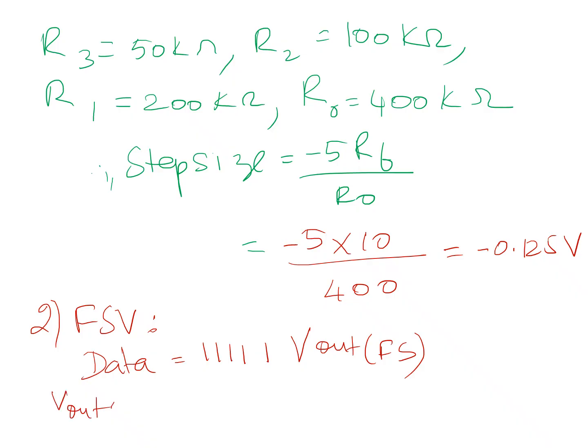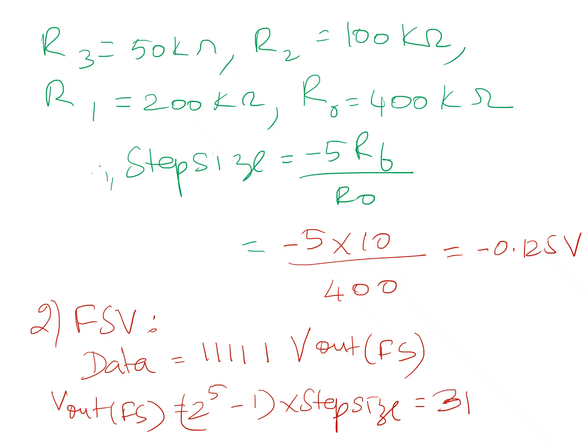So the full scale output voltage V out FS is equal to 2 power 5 minus 1 into step size, which is 31 into minus 0.125 volts, which is minus 3.875 volts. So this is the value of the full scale output voltage.